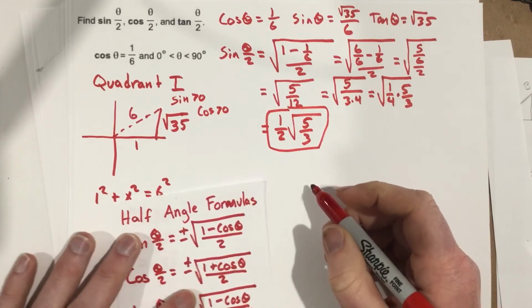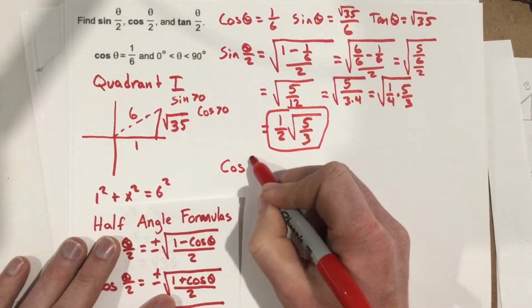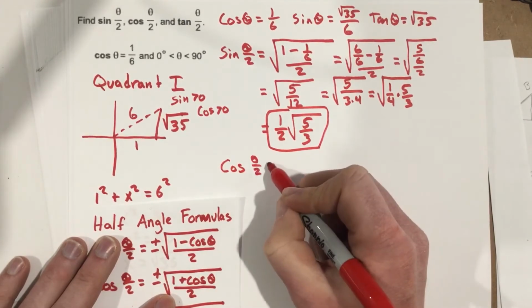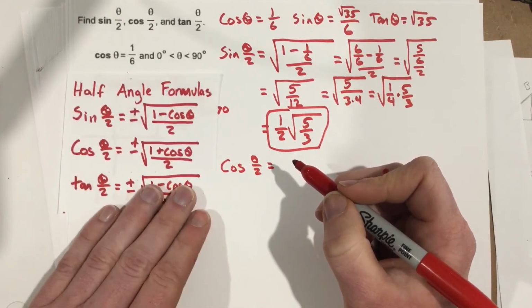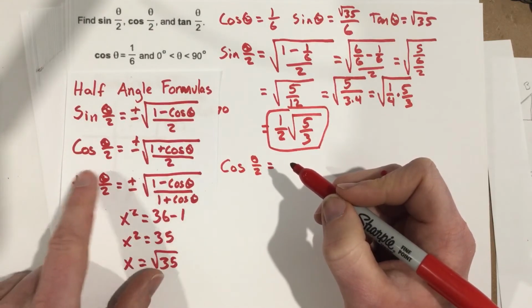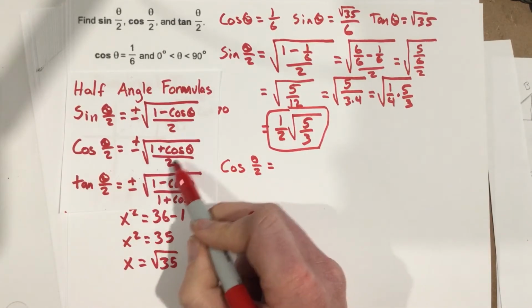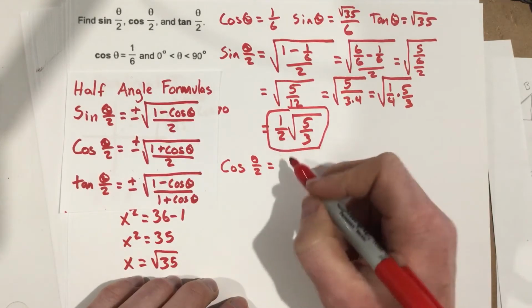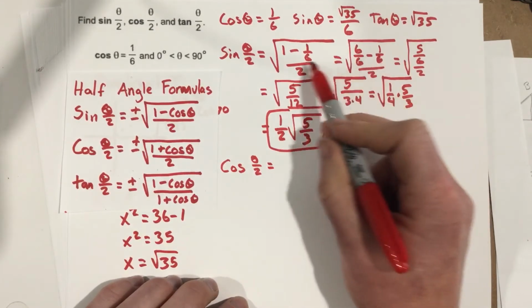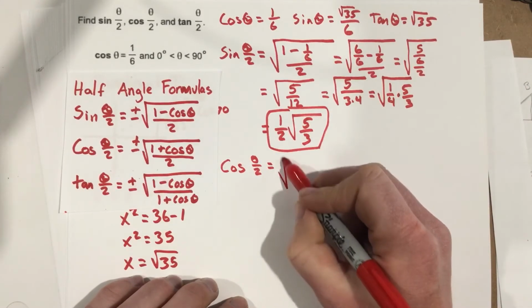All right, let's go to cosine theta over 2. So cosine theta over 2 equals, if we look at our formula here, plus or minus, the only difference now is we're adding cosine theta instead of subtracting it. So let's go ahead and say that that is, and we're going to skip a little bit to the 6 over 6 part. So I'm going to say that that's root.